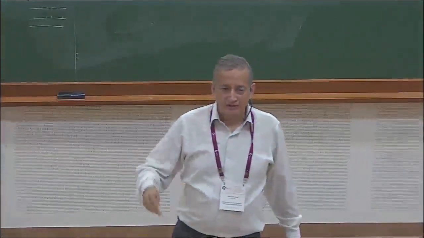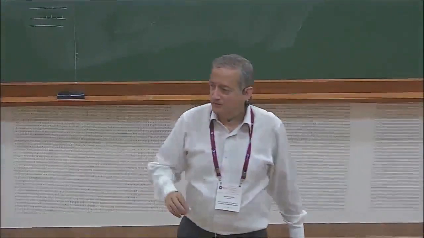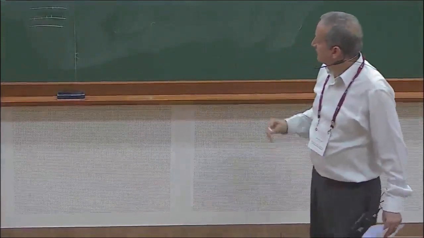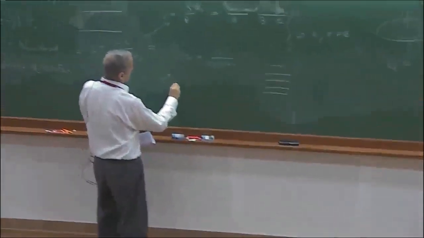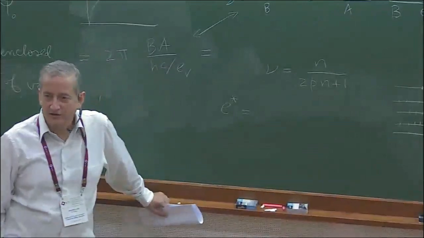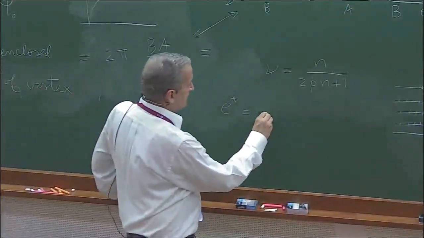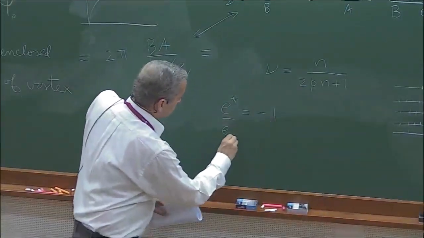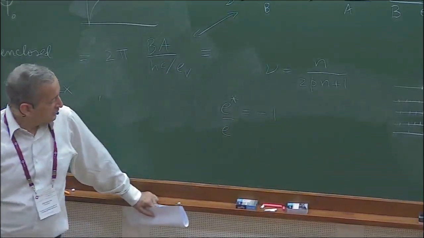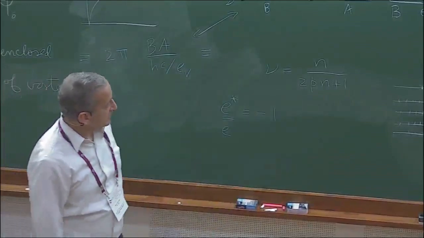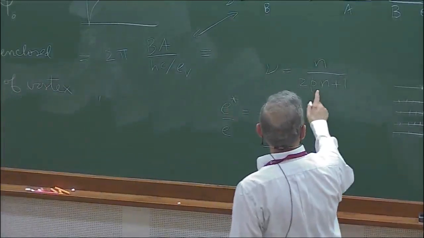So it's trivial. The charge of this object is equal to the charge of an electron, which is -1. Let me measure it in units of electric charge. So the charge of an electron is -1. The charge of one vortex is n over 2pn plus 1, but I have 2p vortices, and they all have positive charges.